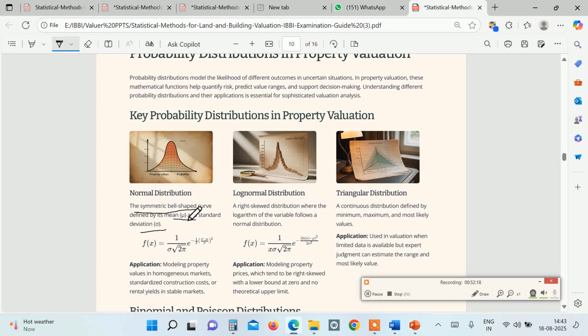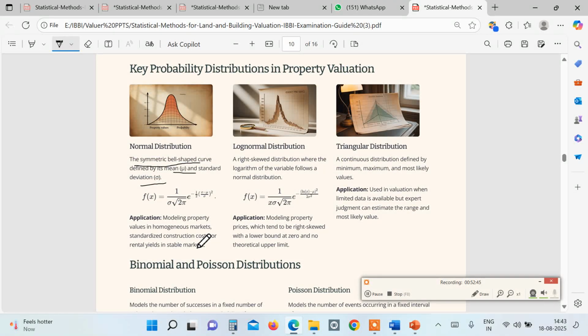The mean is represented by mu and the standard deviation is denoted by sigma, and the formula for the normal distribution is 1 upon sigma times the square root of 2 pi, multiplied by e raised to the power minus 1 by 2 times ((x minus mu) divided by sigma) whole squared. The normal distribution is used for modeling property values in a homogeneous market, standardized construction cost, or rental yield in a stable market.